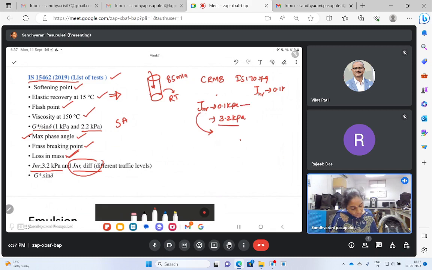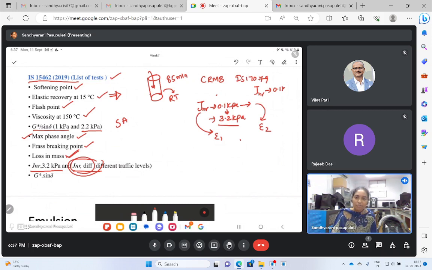When I apply a load at 0.1 kilopascals, there must be some strain epsilon 2. So if the JNR difference is more, that means there is more stress sensitivity. When I keep changing the stress from 0.1 to 3.2 kilopascals, the response of the material is changing widely, which implies stress sensitivity. So this JNR difference is used to understand the stress sensitivity of the binder.